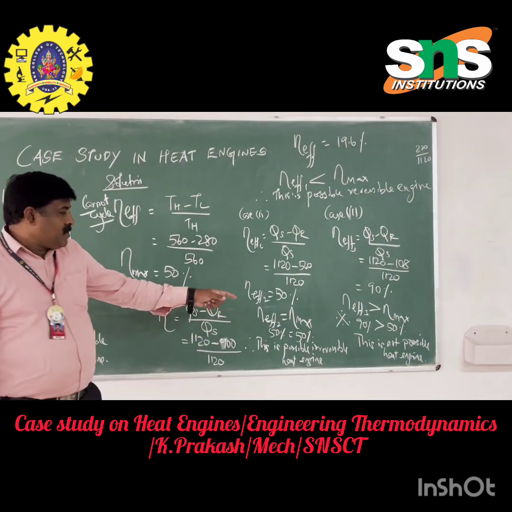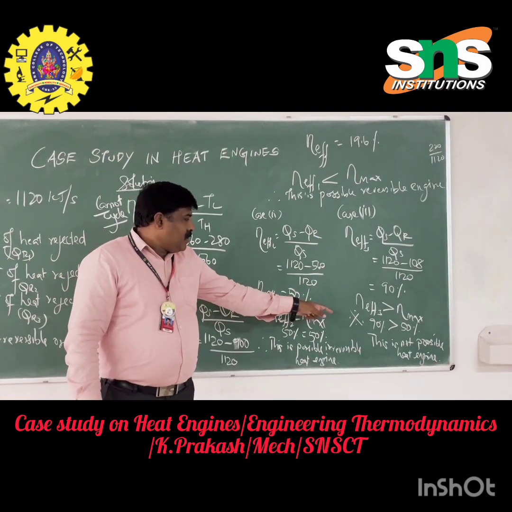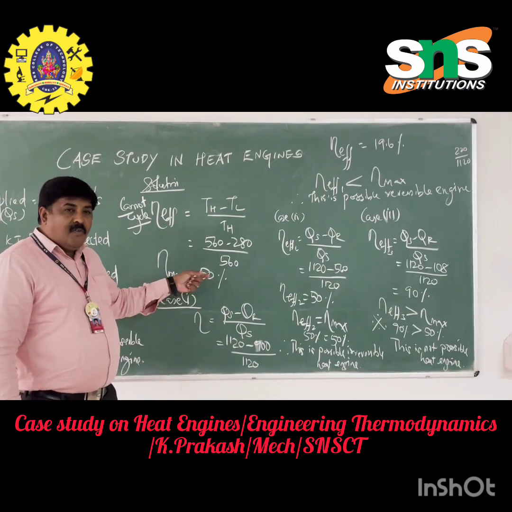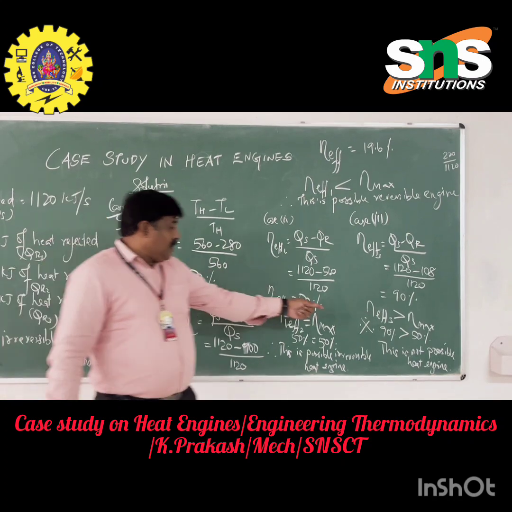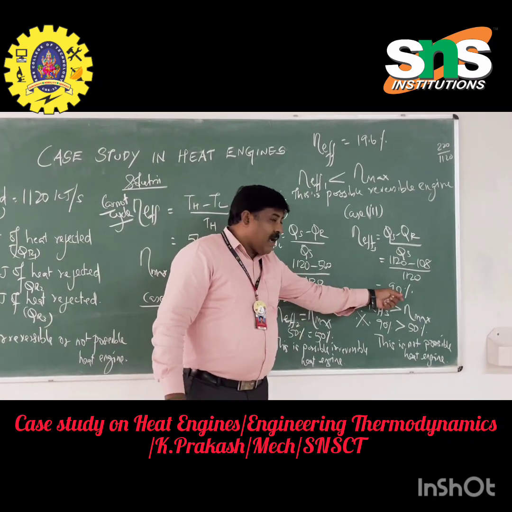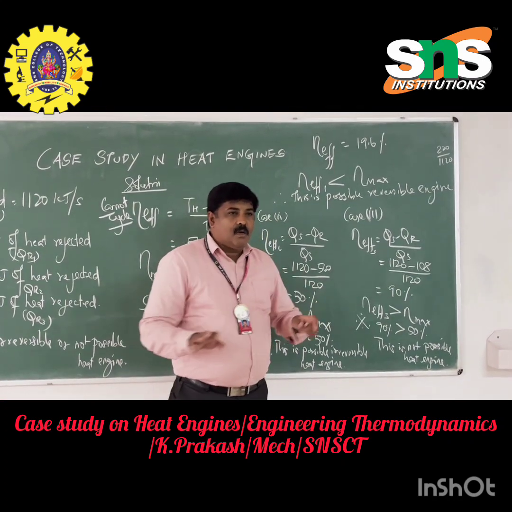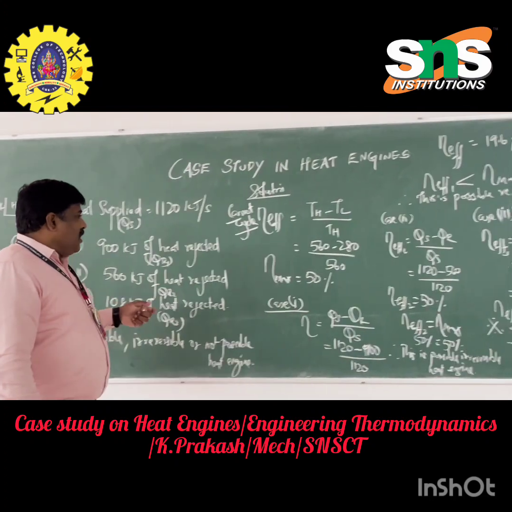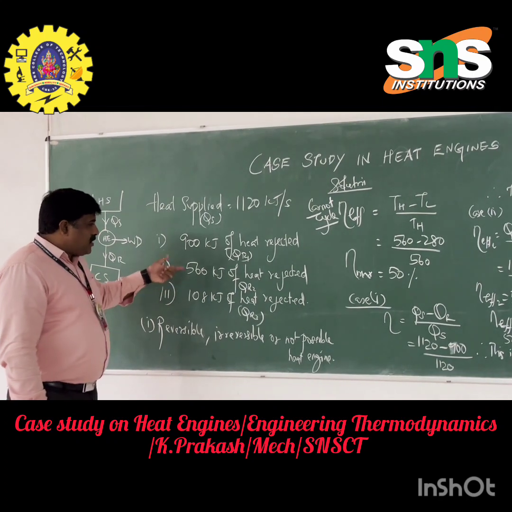Why? Because according to the condition, the maximum efficiency is only 50%, but in our case 3, the efficiency we have got is 90%. So this is not possible. So this is a case study on heat engines. We will summarize this.